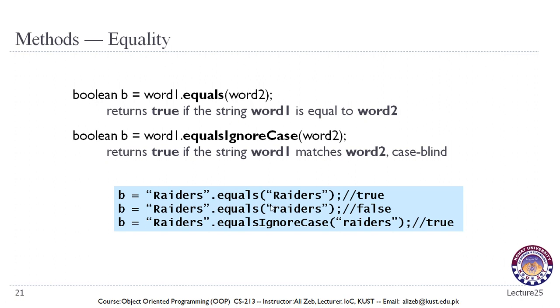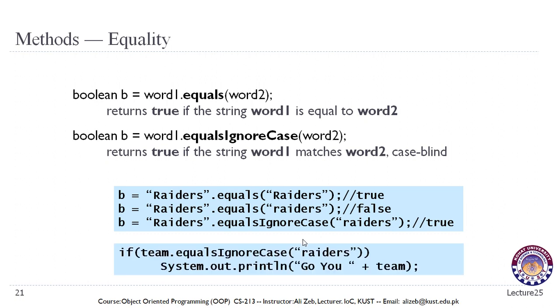Readers.equals(readers) should return a true. Readers.equals(Readers) should return a false, since the case of these two strings is not the same. Readers.equalsIgnoreCase with different cases will return a true, since we are ignoring the case of this string.